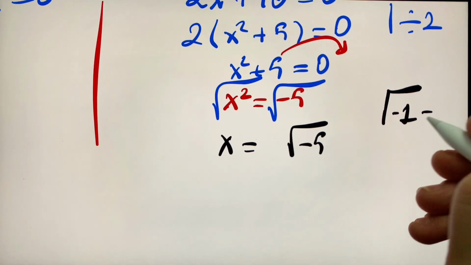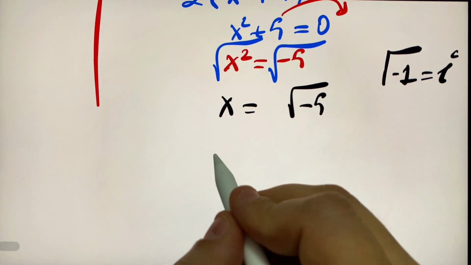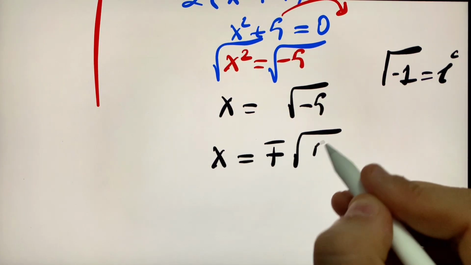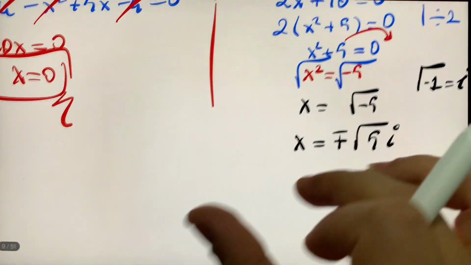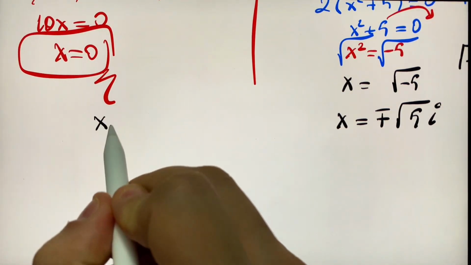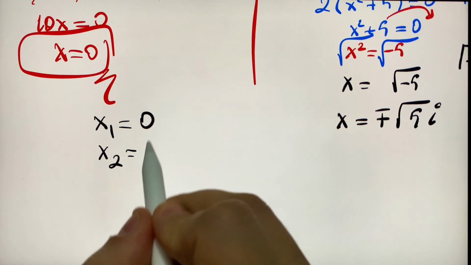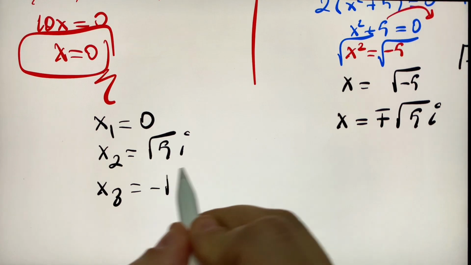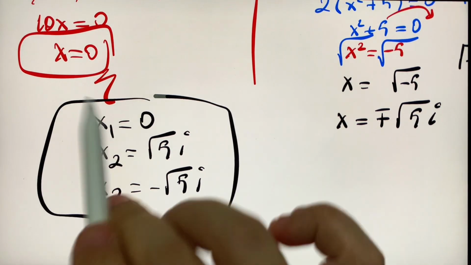The square root of minus 1 is equal to i. Then x is equal to plus or minus root 5 i. I got the result. So what are our answers? x1 is 0, x2 is root 5i, x3 is minus root 5i. We have reached all our solutions.